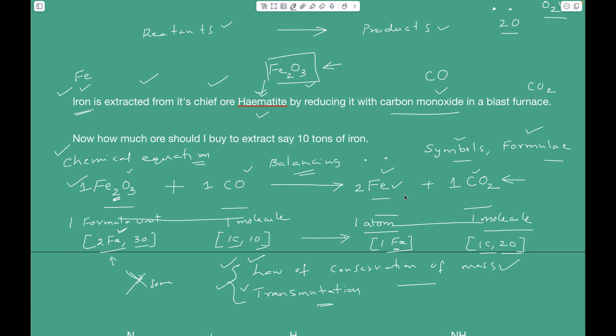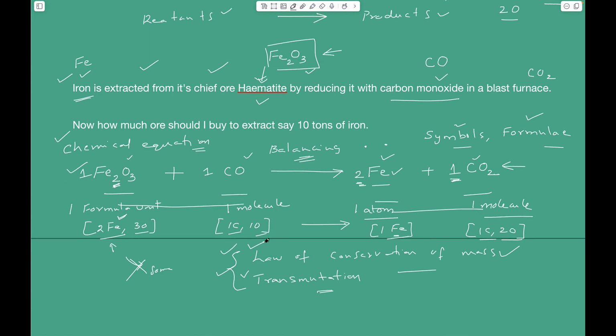To balance a chemical equation, you can only change the numbers before the symbols and formulae. These numbers are also known as coefficients. So you can only change the coefficients of a chemical equation to balance it. Never change the subscripts.